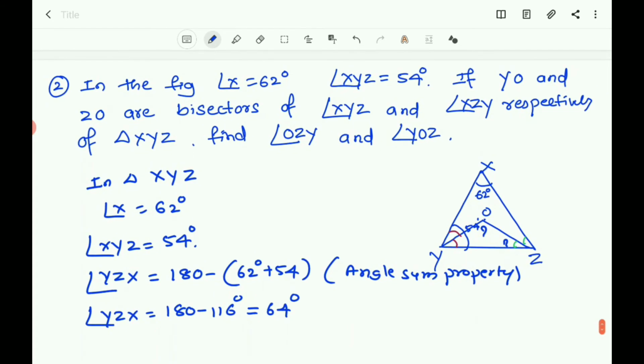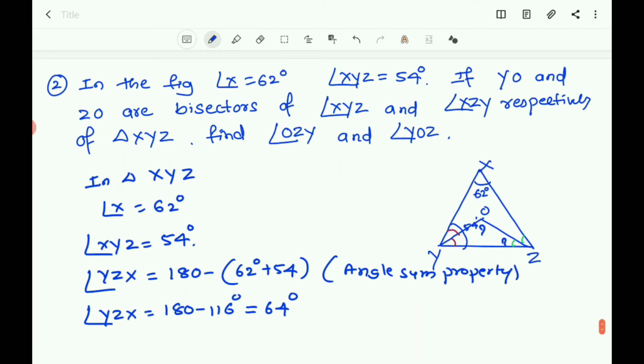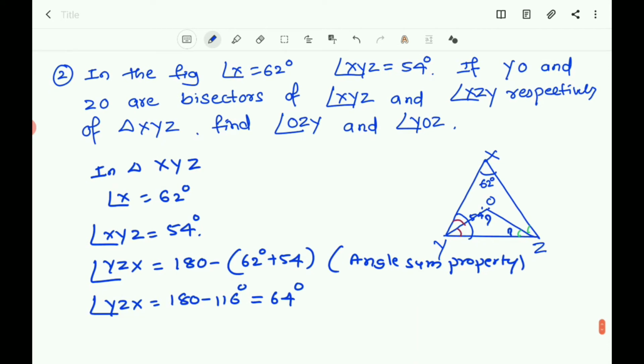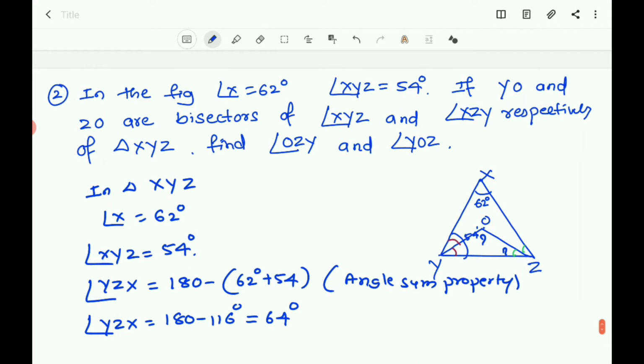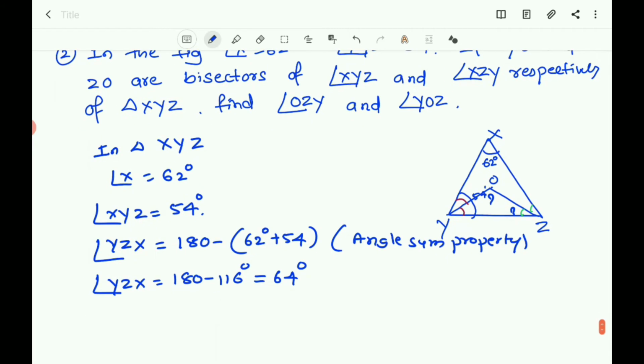Now here the question is: find the measurement of the angle OZY and also YOZ. Here it is said that OY and OZ are the bisectors of the angles XYZ and XZO. Now you have the three angles of the triangle XYZ.